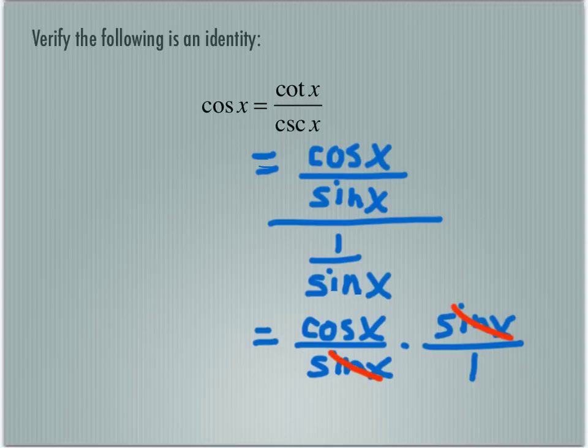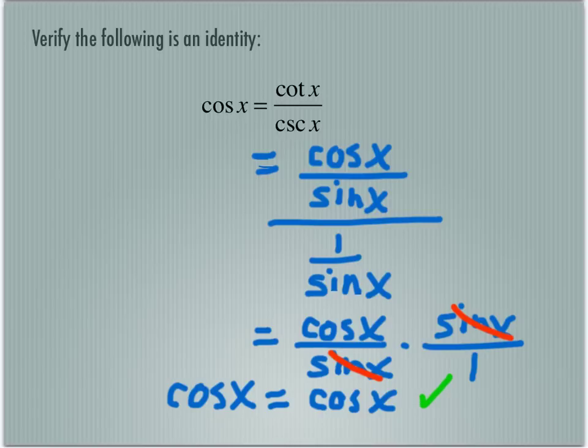And so what I have left then is simply the cosine of x on the right side. And sure enough, look at what I had on the left. That's also the cosine of x. And so then we will give our very triumphant check mark here to show that we're done with this. Remember, as long as you show that the left side is the same as the right side, you are done. You will have proved or verified that particular identity.